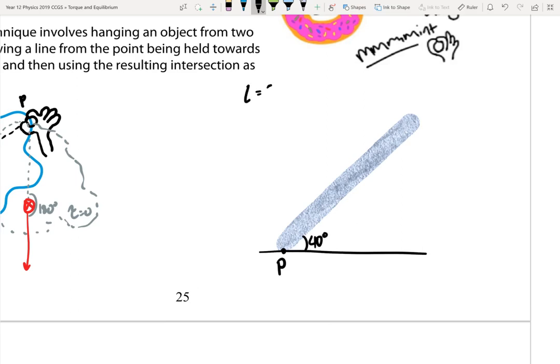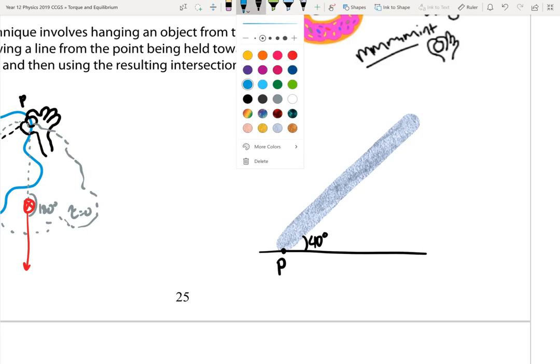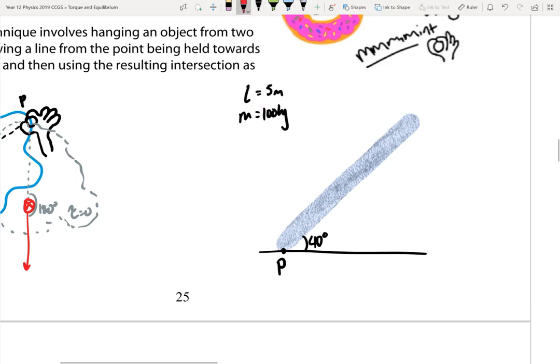We will say that it has a length of 5 meters and a mass of 100 kgs. Again, if you have to be told that it is uniform mass, uniform density, now we can say that R equals L on 2 equals 5 on 2, 2.5.